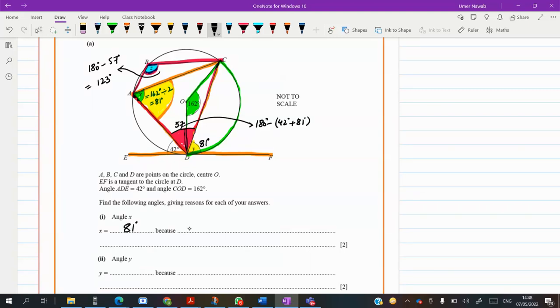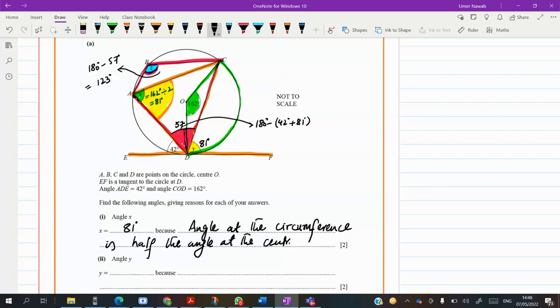The reason is angle at the circumference is half the angle at the center, subtended by the same arc.